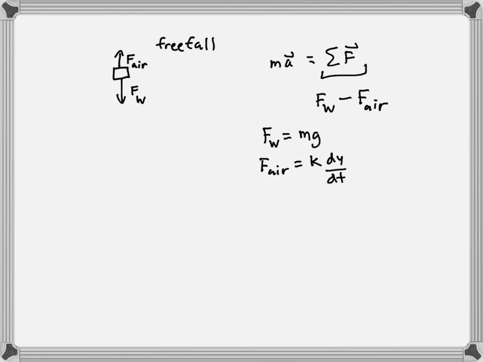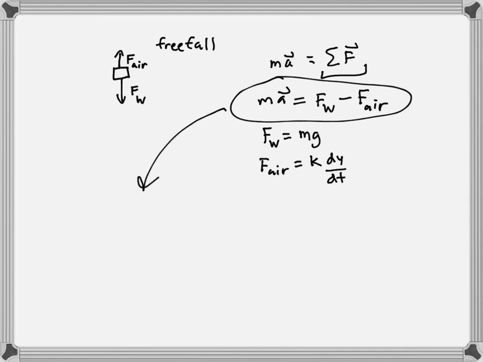So remember, this is Newton's second law, and so we translate this into an initial value problem. My initial value problem is as follows: m times d2y/dt squared is equal to mg minus k times dy/dt.